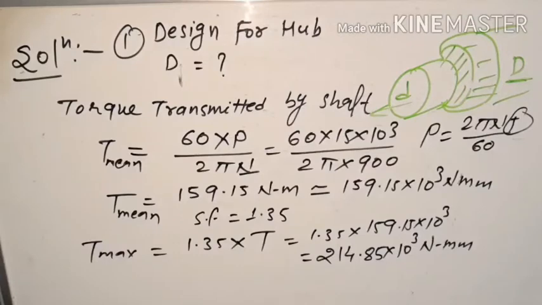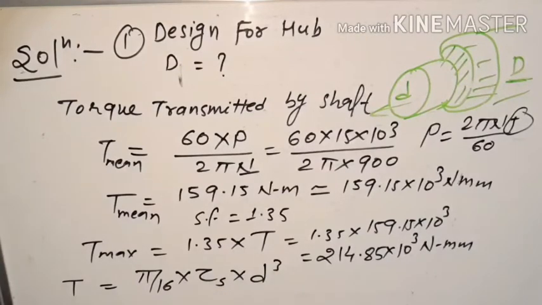We again know, when we think about the power transmission through the shaft, it is also given by T is equal to pi by 16 into tau s into d cube.